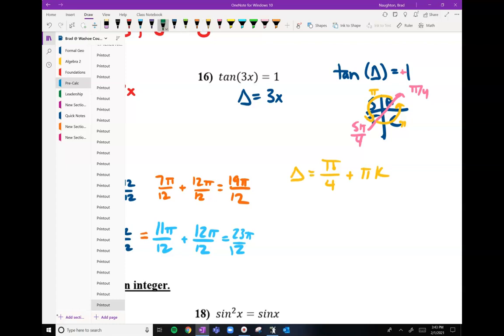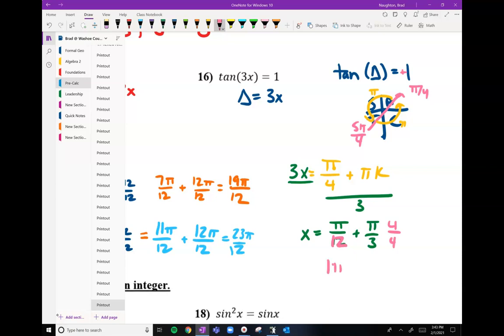Oh boy, not x. So we got to substitute that back in, 3x, which means divide everything by 3. So x is going to be pi over 12 plus pi over 3 k. Well, we don't have our solutions yet. So common denominator time, so it's like that k goes bye-bye. And we say this is a 12, so common denominator 4 over 4.